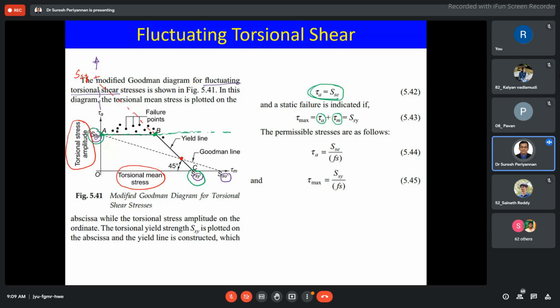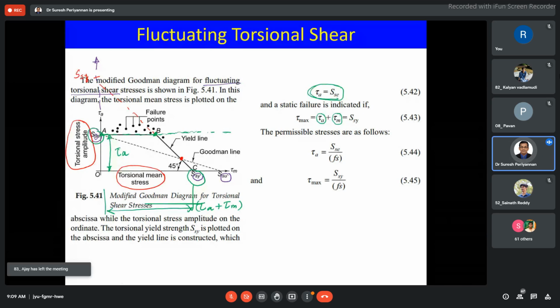See here, this is our tau A, plus tau M. Now here they are applying the same concept we discussed earlier.